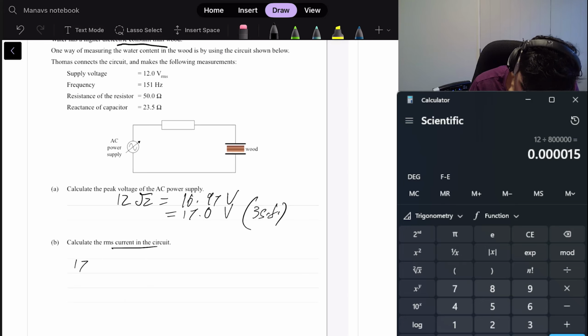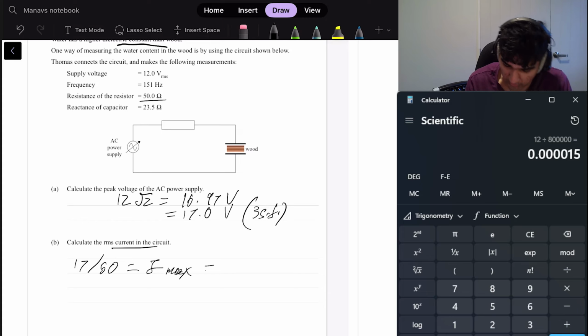V equals IR, so we have 17 divided by 50, which equals I max. That's an important thing to realize. Using the value out of my calculator, I get 0.339 amps.